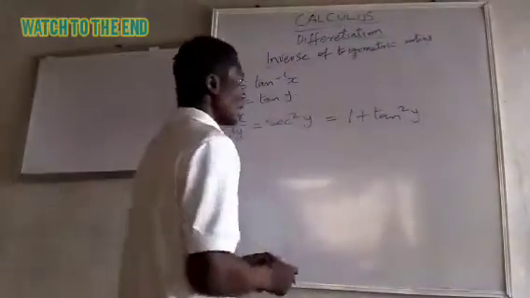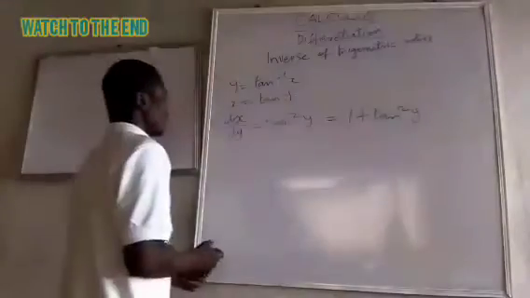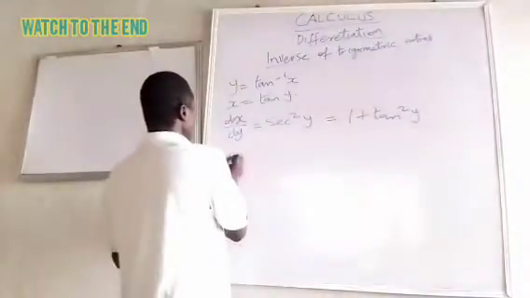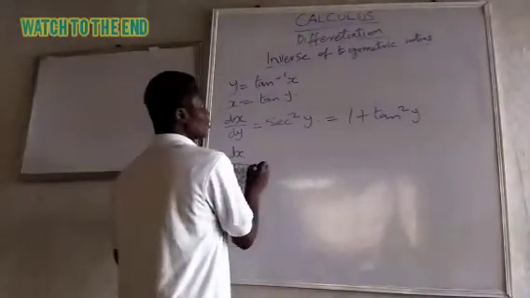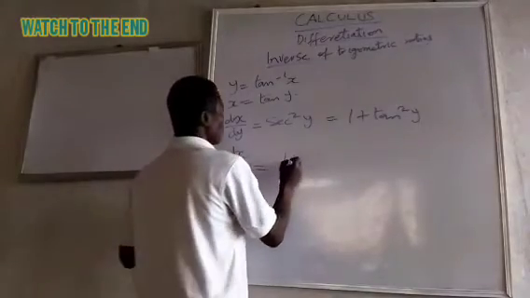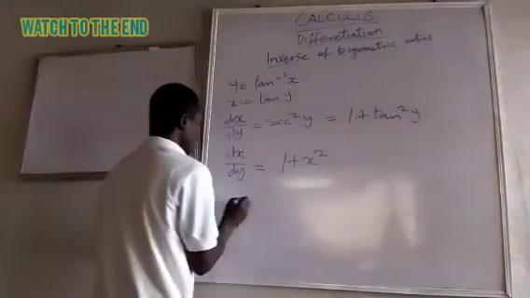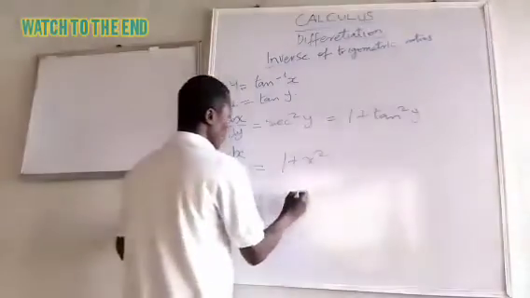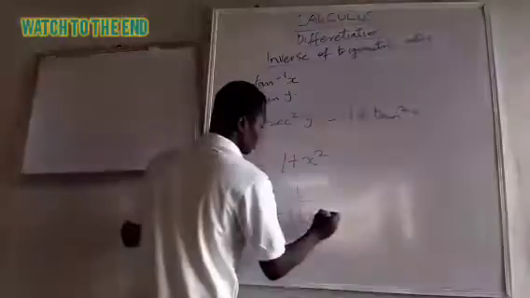Now, we know that tan y is equal to x. So dx dy is equal to 1 plus x squared. Therefore, dy dx is equal to 1 over 1 plus x squared.